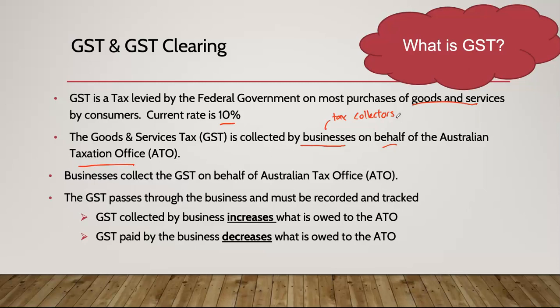This means each time GST passes through the business, it must be recorded and tracked. When we collect GST, it increases what is owed to the Australian Tax Office. When the GST is paid by a business, it decreases what they owe to the government.